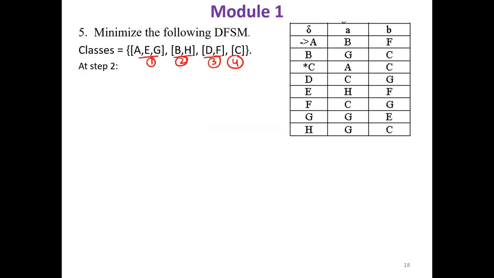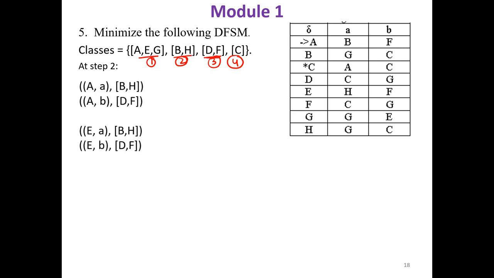With these 4 classes, the next step is to check whether it is possible to further split AEG, BH and DF. So again we have to find the transitions for AA, AB, EA, EB and GA, GB. AA goes to B. B is in BH class.